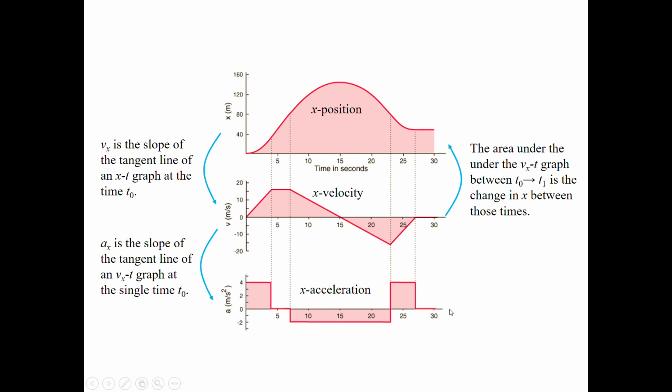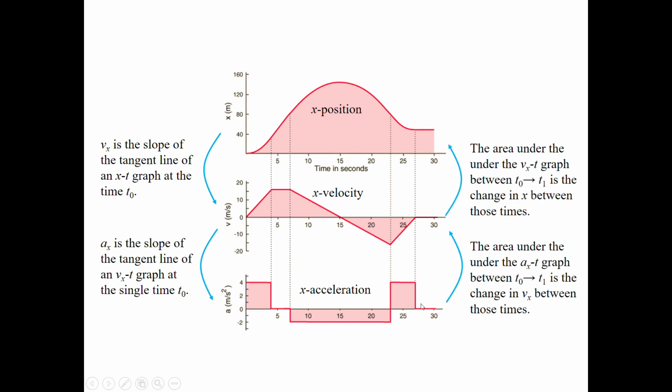Similarly, the same relationship goes for how you get from acceleration up to velocity. Areas under this curve down here correspond to changes in the value of this curve up here if you choose two times. So positive area here between 23 and 27, that means the change in the value of this graph should be positive.